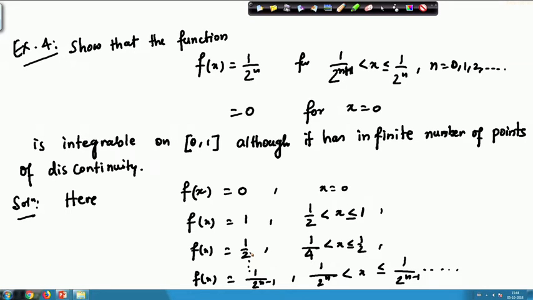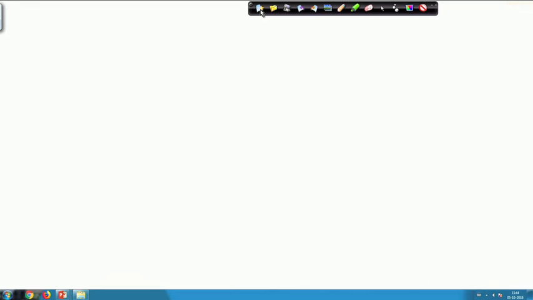So it is also bounded. So f is bounded and monotonic on [0, 1], the given interval in the problem.